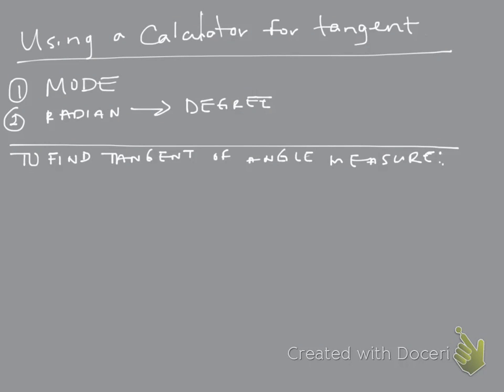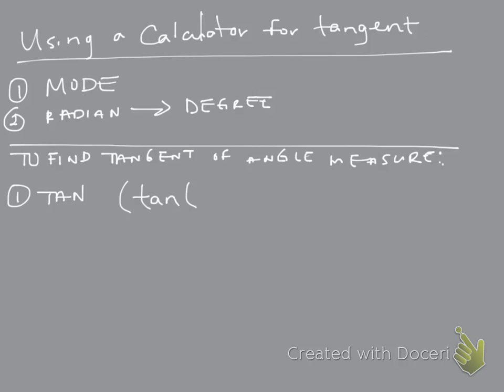Now, to find the tangent of an angle measure, once you change your mode to degree, you want to hit the button that says tangent. When you do this, you should see tan and parentheses come up.